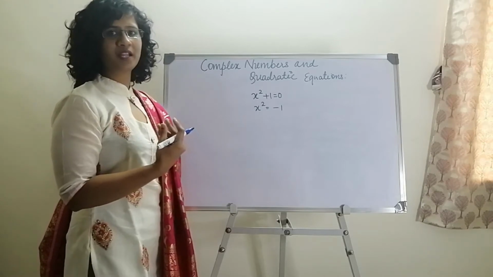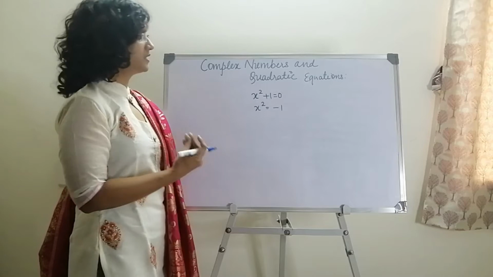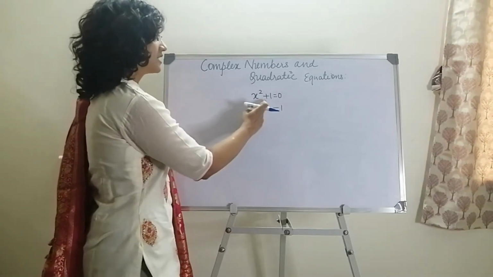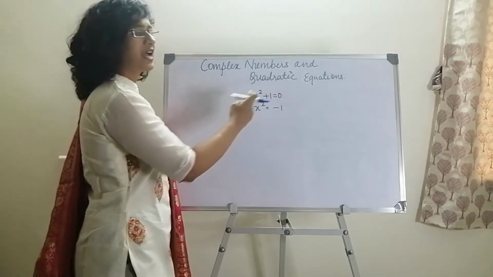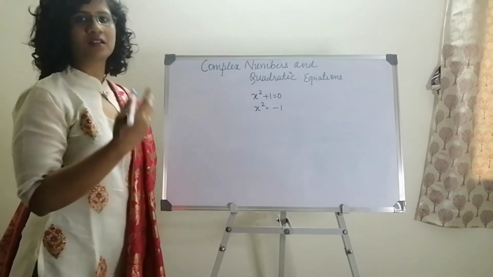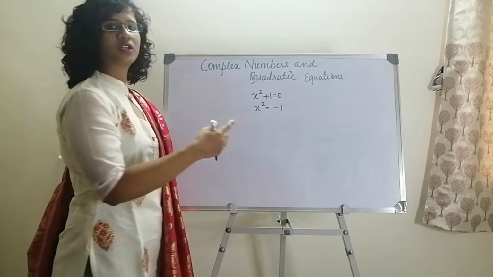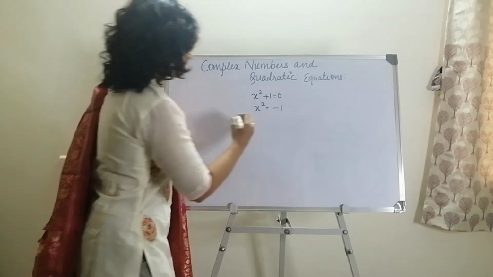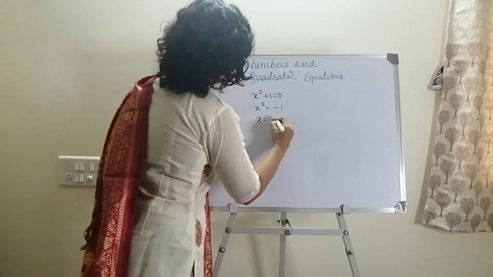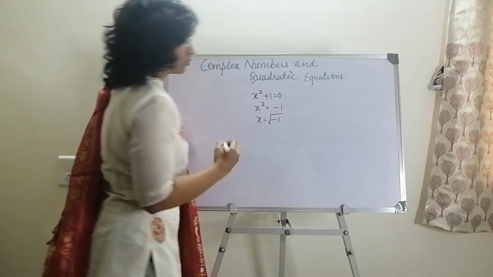Hope everybody knows this. If not, please take a note of it. So any term with a square symbol, if it has to be shifted to the other side, that is either LHS or RHS, the square will be converted to a square root symbol. So I will get x is equal to root of minus 1.